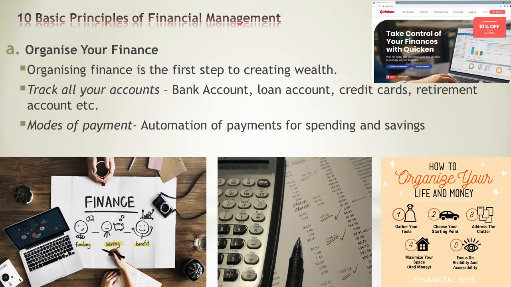Next, check your mode of payment, all the expenses that you are making, all the payments of debts, all the saving accounts that you are keeping. The best way is to make them automatically paid or deducted for those payments, spending or savings.